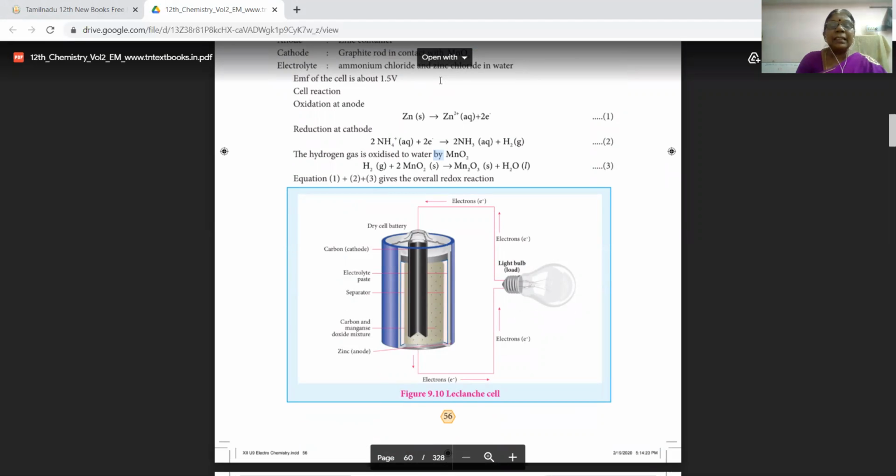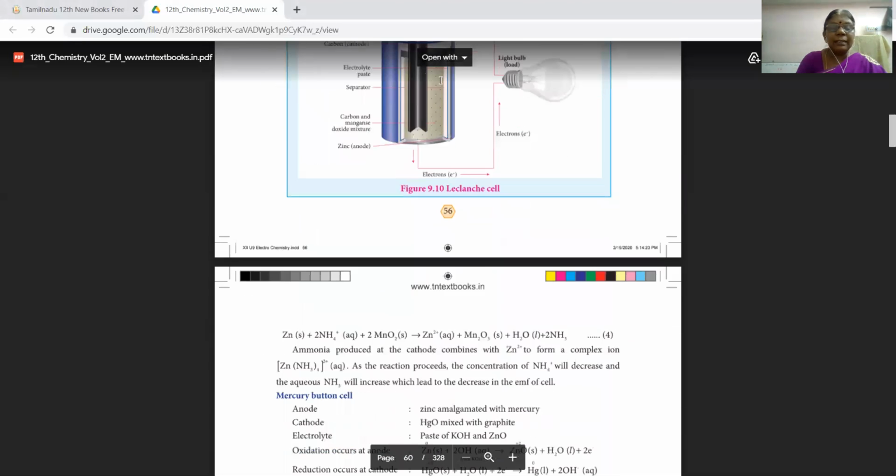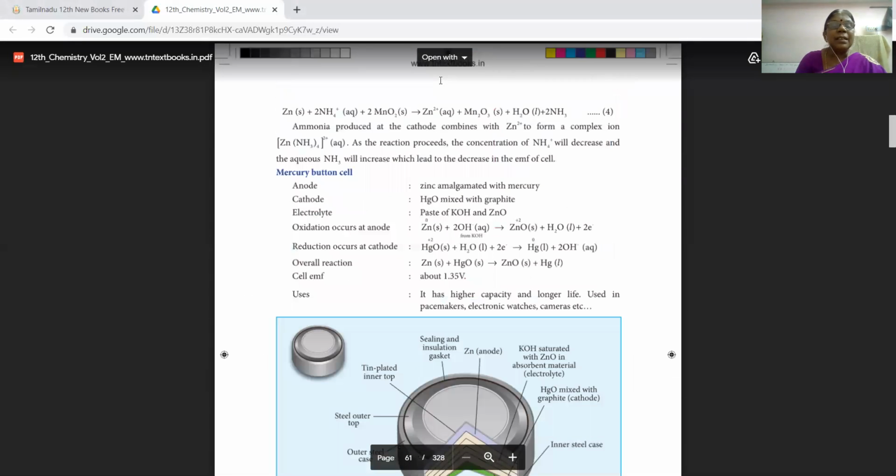If you add the first equation, the second equation and the third equation, you will get the overall equation as Zn(s) plus 2 NH4+ plus 2 MnO2 gives Zn2+ in aqueous, Mn2O3 as solid, H2O as liquid and ammonia, NH3.